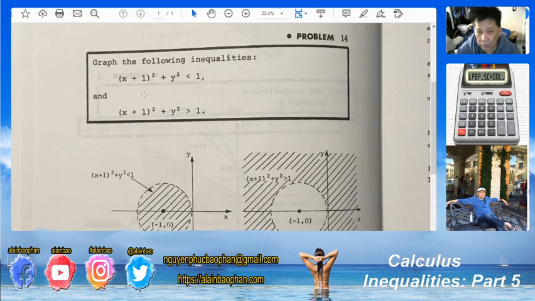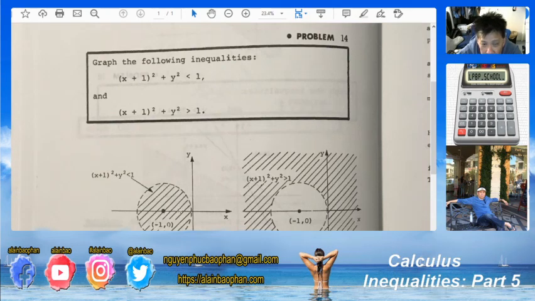Okay, but since we have x plus 1, we know this is almost the same as the unit circle, but moved 1 unit on the x-axis to the left. So from the unit circle, the center is right here, and you move to the left 1 unit.